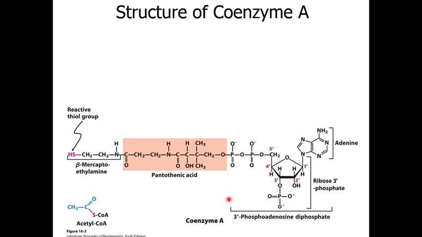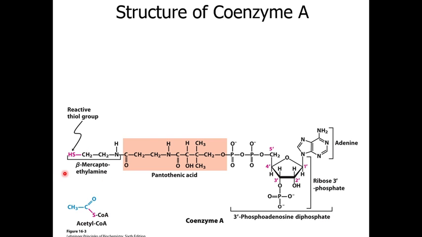We briefly saw the structure of this cofactor in chapter 13, if you remember. And if you remember the structure, the business end of this molecule is this reactive thiol, which is in the form of a mercaptoethylamine attached to pantothenic acid, which is further attached to a phosphoadenosine diphosphate molecule.